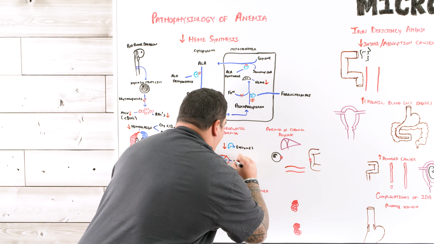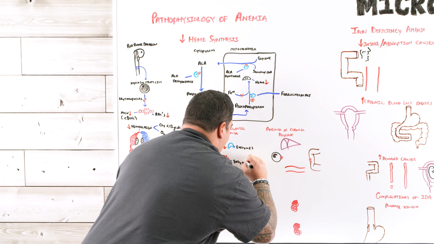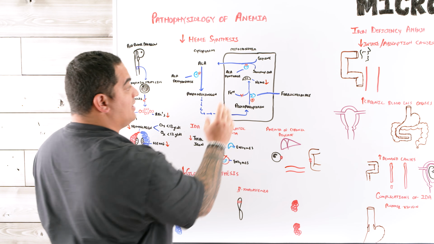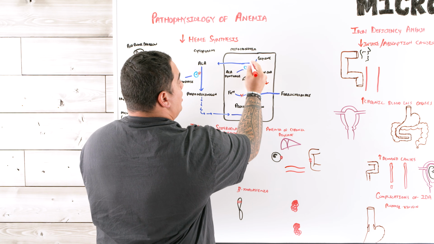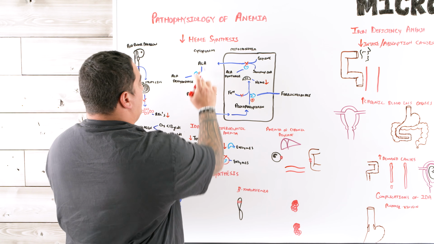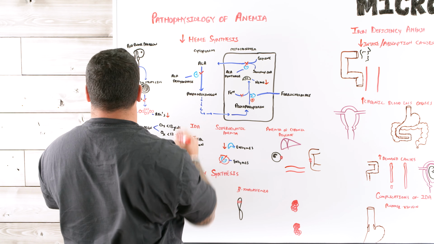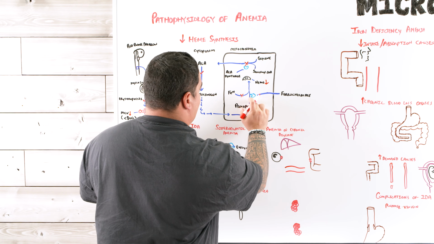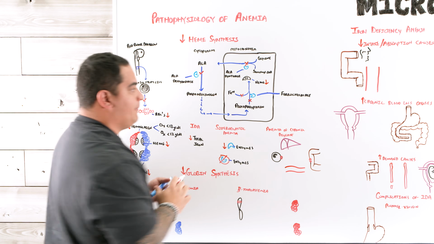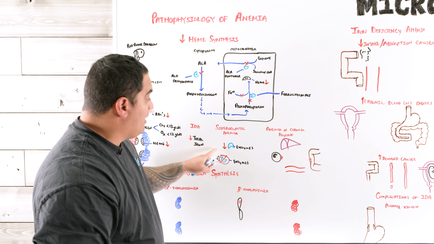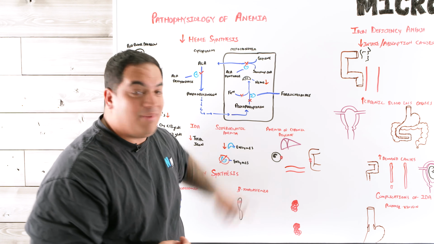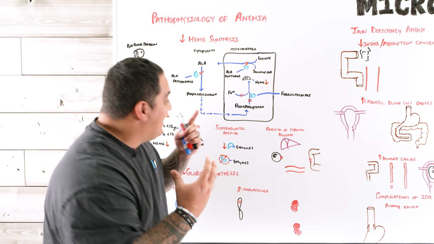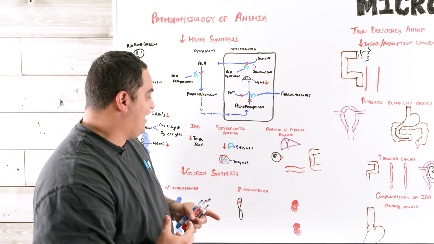And if I don't have these enzymes to be able to catalyze this process, will I be able to do these particular things? No. So this process will be impeded, this process will be impeded, and this process could also be impeded. If I'm impeding these processes by not allowing these enzymes to be present or have enough of them, I won't be able to synthesize my heme. That's the concept that I want you guys to understand.